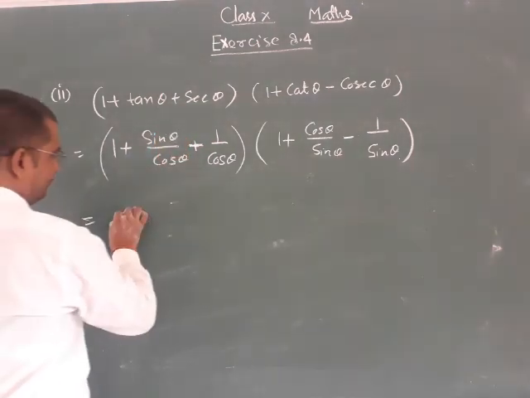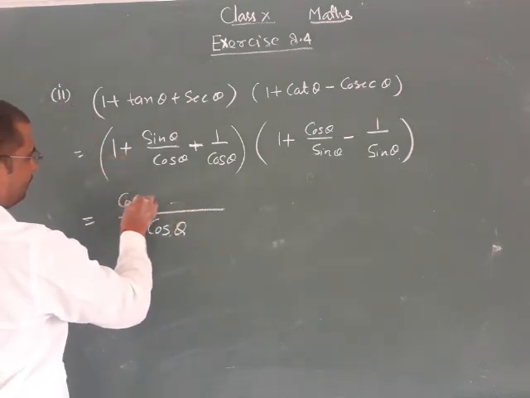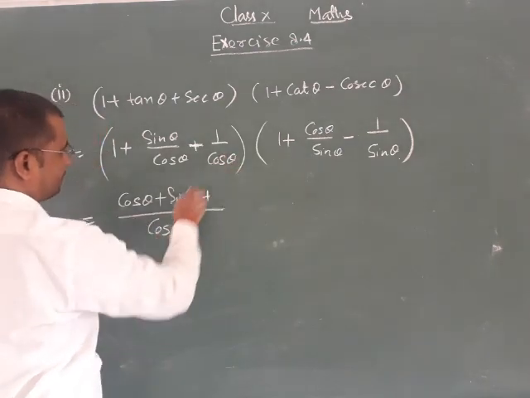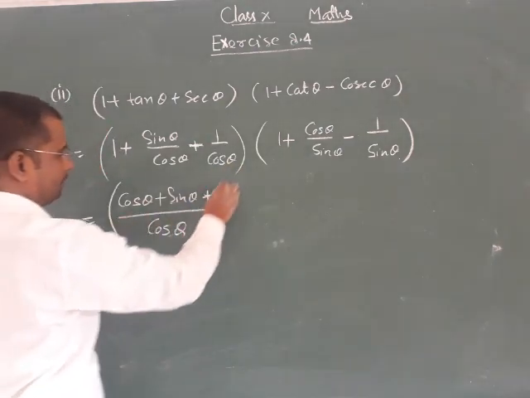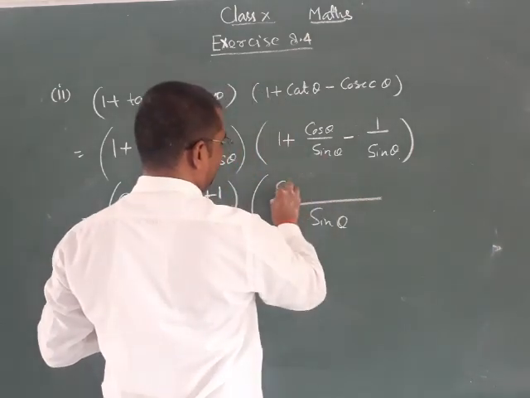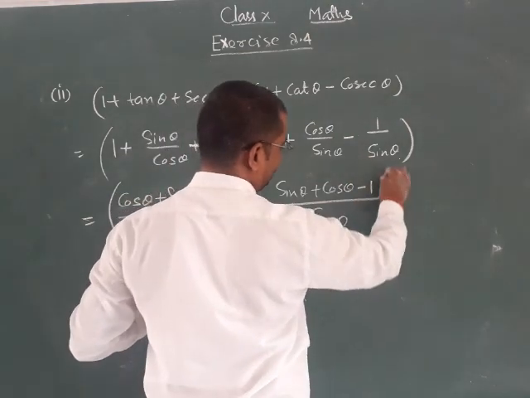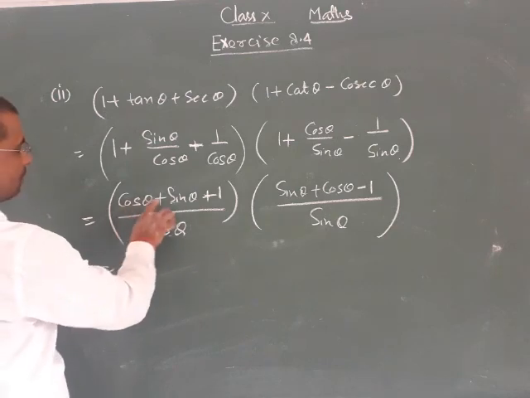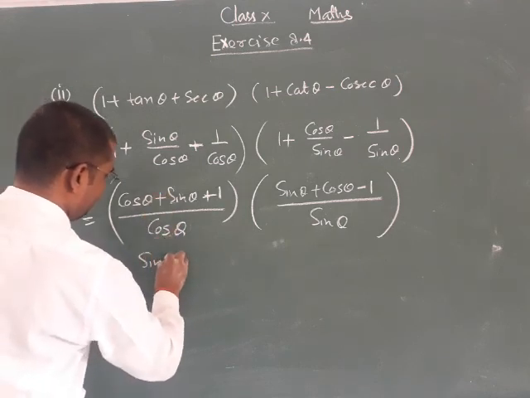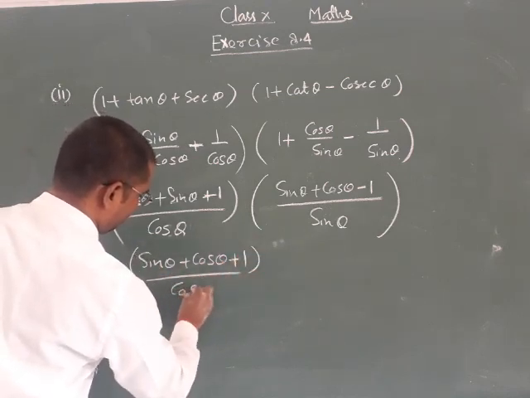So now taking LCM, we get cos theta. Cos multiplied by cos theta, cos cancels out, so sin theta plus cos theta plus 1 upon cos theta.